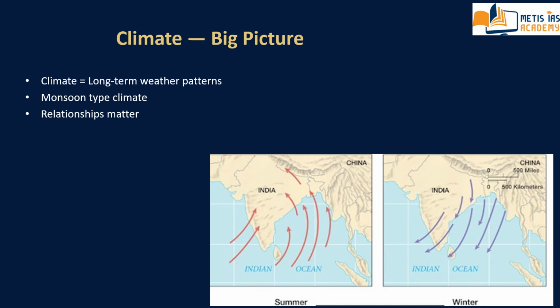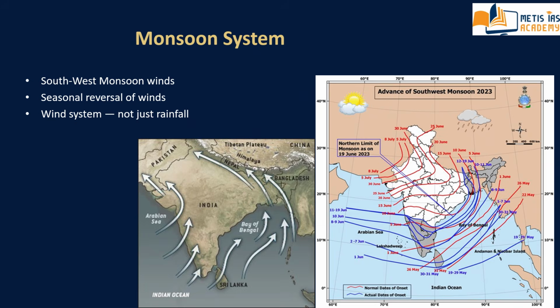You can think of it as the land breathing, drawing moisture inward in summer and releasing air outward in winter. Indian agriculture is closely tied to monsoon rainfall, which is why its behavior is closely observed every year.